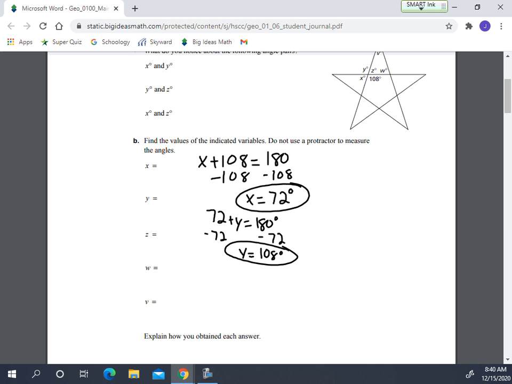If y is 108 degrees, I want to see if you notice this. What do you notice about these two angles? They're equal to each other, right? Angles that are across from each other, across an x. If I draw a line here and a line here, imagine these are lines intersecting.